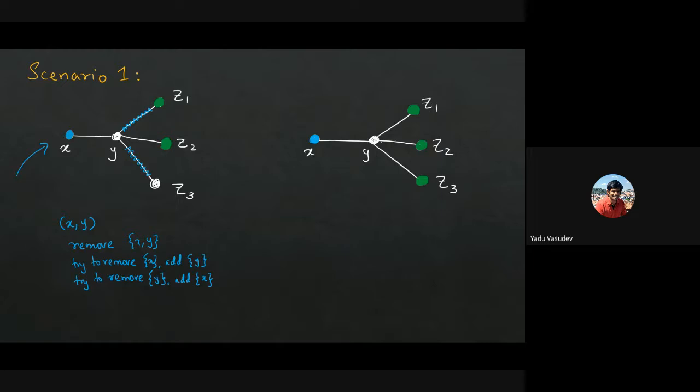The only way to increase the symmetric difference is to add it to one set but not to the other set, and that will not happen. Once again, you cannot add y. You can add z3, but that is okay. If you add z3, it will be added to both, so again the symmetric difference will not change.